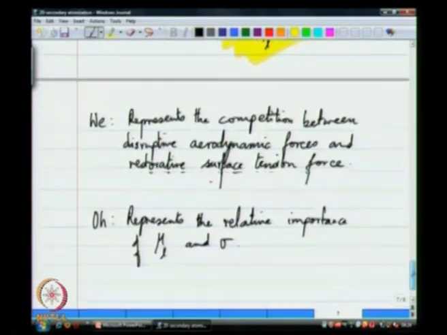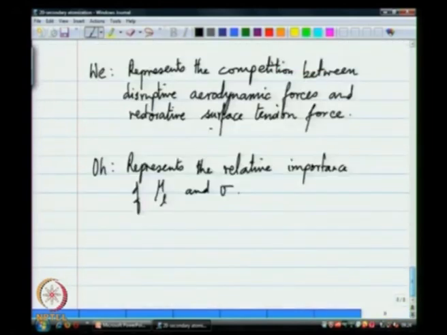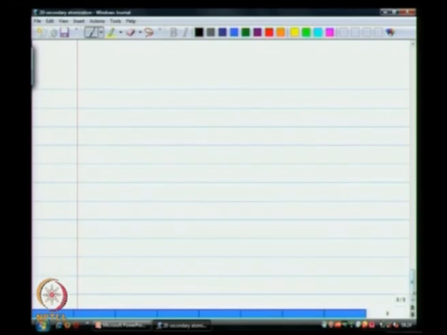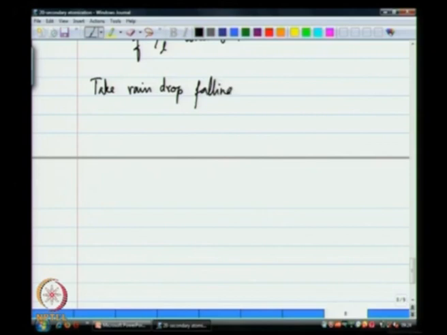Let us take a typical example and see what these numbers look like. So, let us take an example of a raindrop falling. Let us say D is about 1 mm.